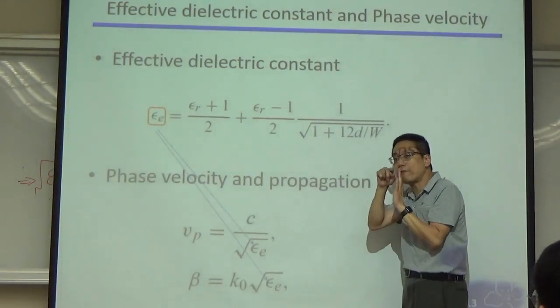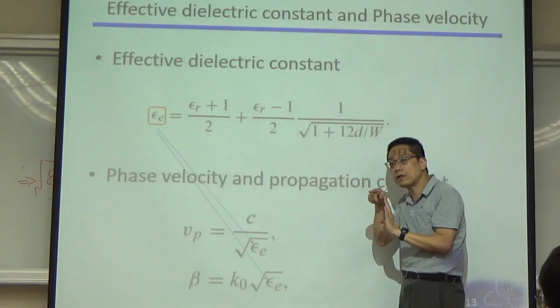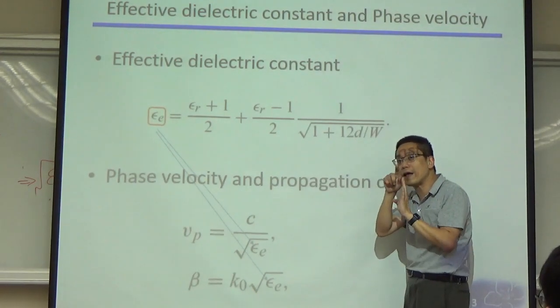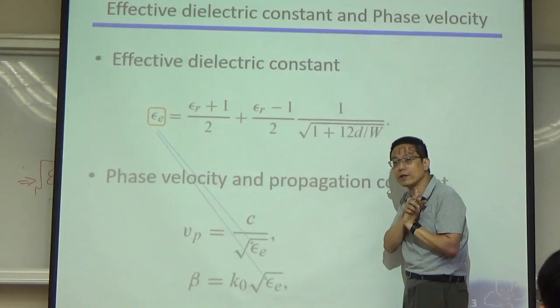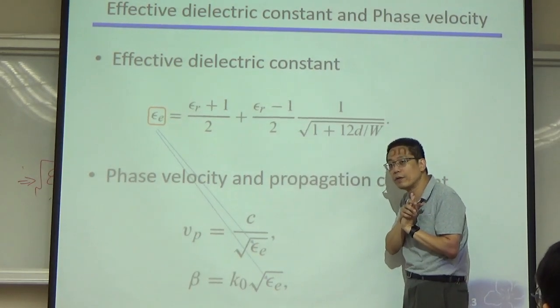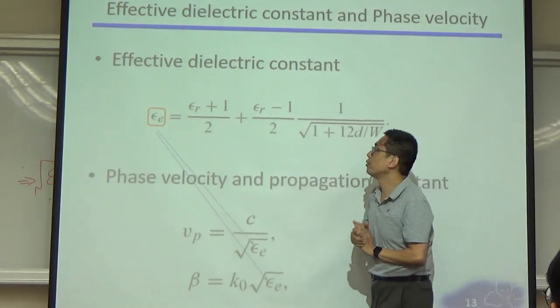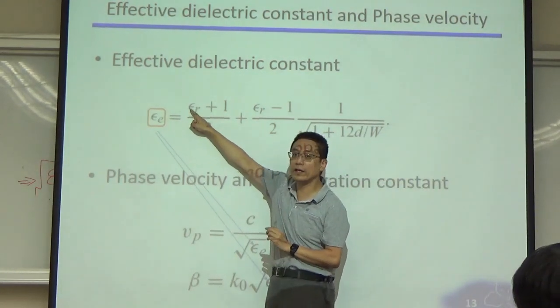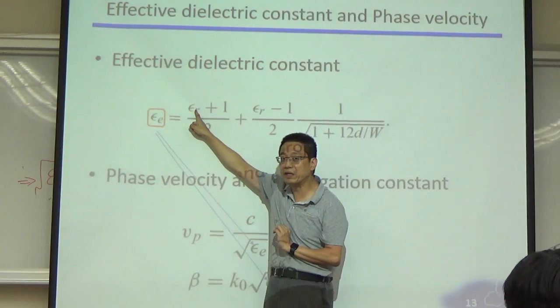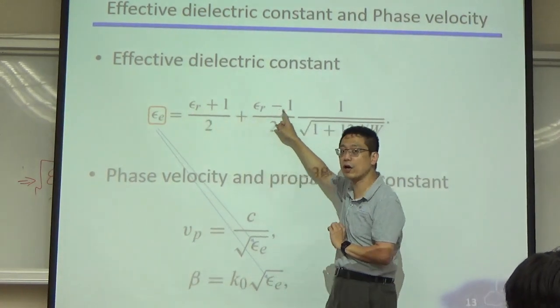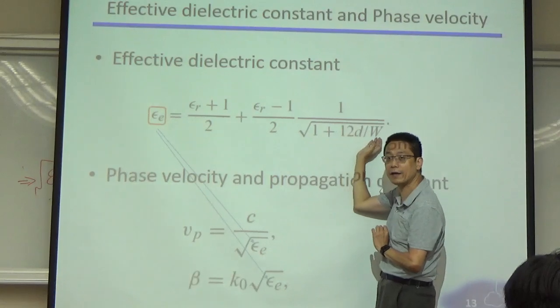If you have epsilon r, the dielectric constant epsilon r, what is epsilon E? By using your equation, you will use not only epsilon r, but also you need to know the geometry of your microstrip line.